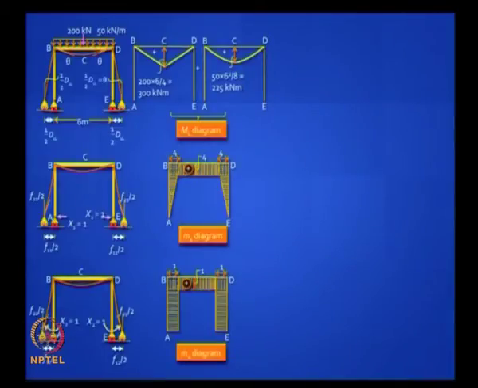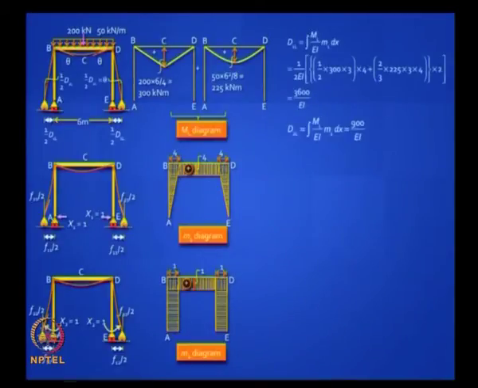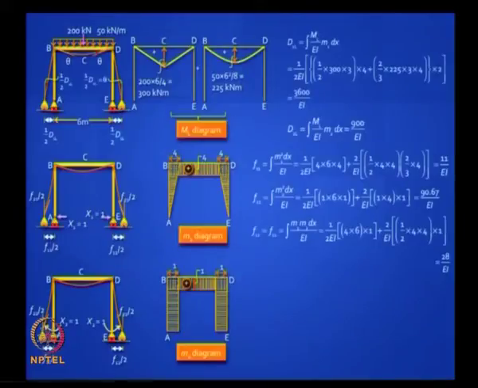This is your small m2 diagram when you apply x2 equal to 1. You do not even need to mark those deflections, they are just to help you understand. You can blindly go ahead and calculate d1l, d2l, f11, f22, f12. Once you have those unit loads, it is pretty easy to calculate.